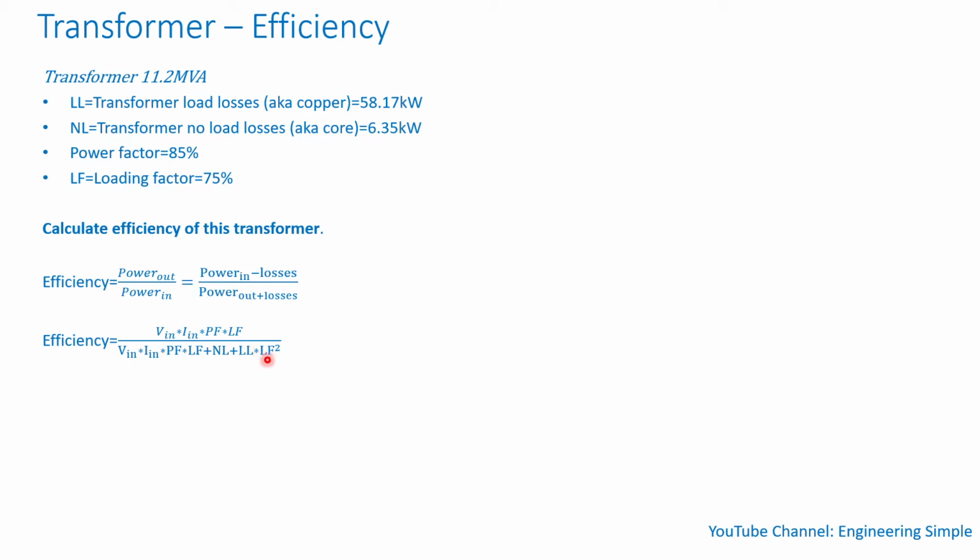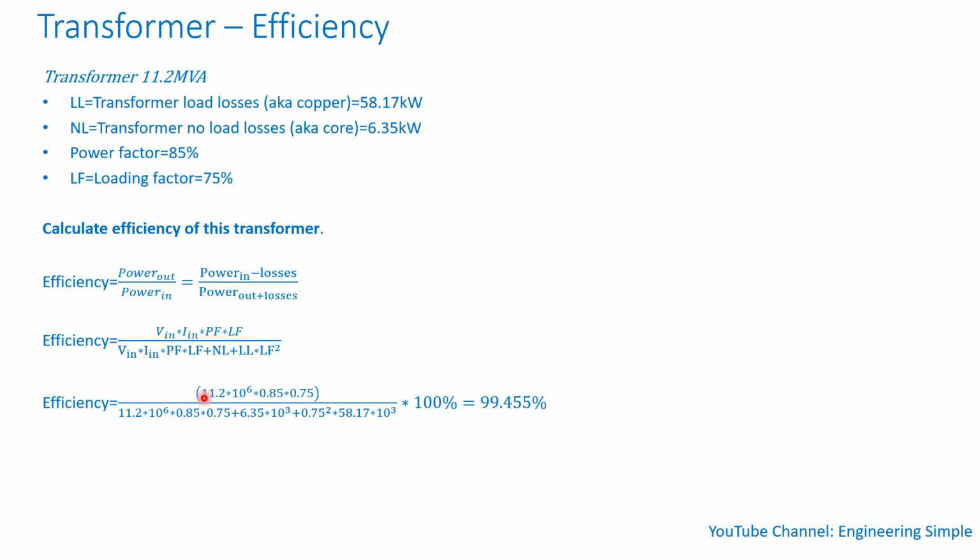The reason we see loading factor squared here in the load loss is because load loss is I squared R, so it's I squared. So if the load decreases by, say, a half, then the impact is a quarter, so it's a half squared.